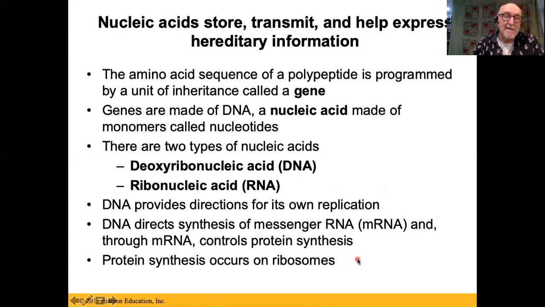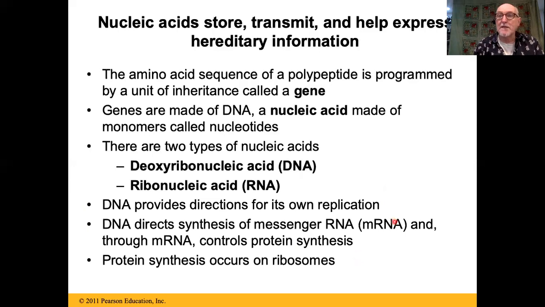DNA also directs the synthesis of messenger RNA, and the messenger RNA is what goes out to the cytoplasm, and the elements in the cytoplasm, the ribosomes, are able to read the messenger RNA. And the ribosomes read the messenger RNA and produce the polypeptide, which goes on to form the protein.